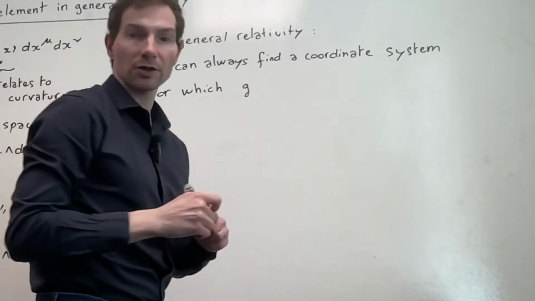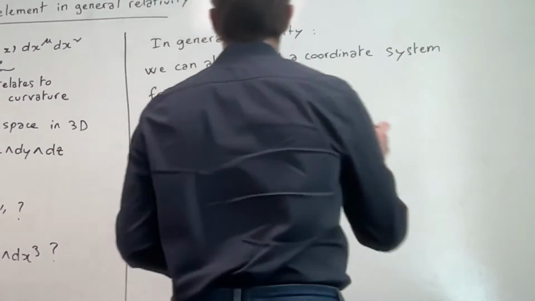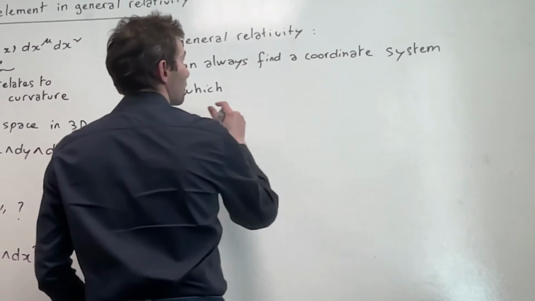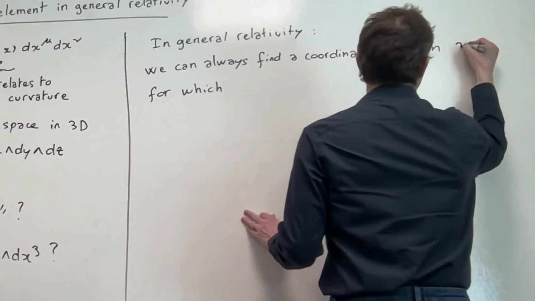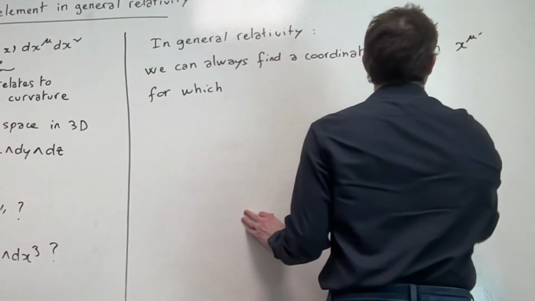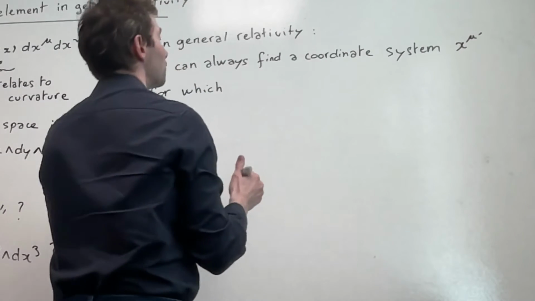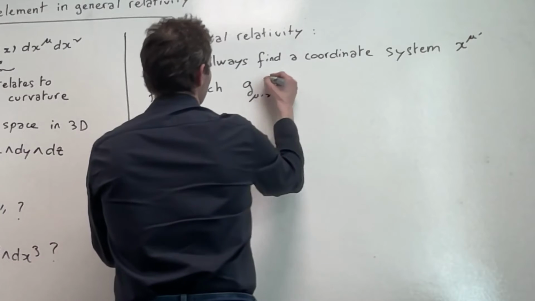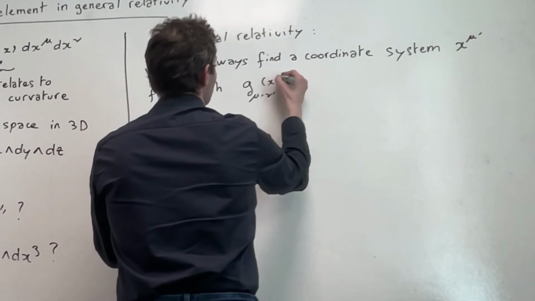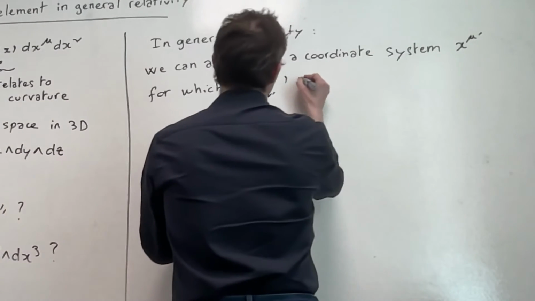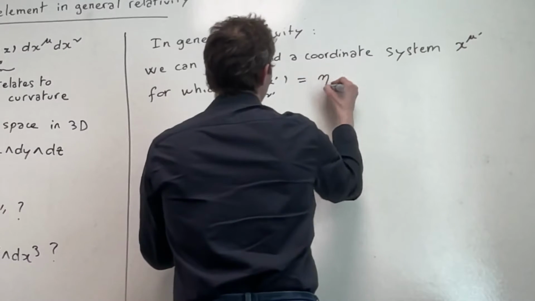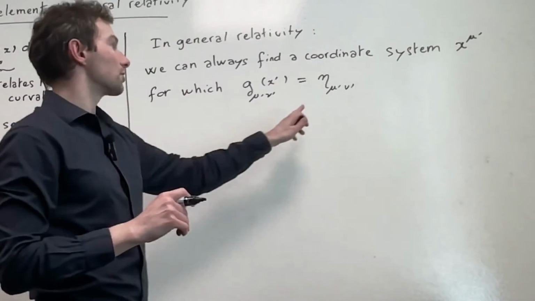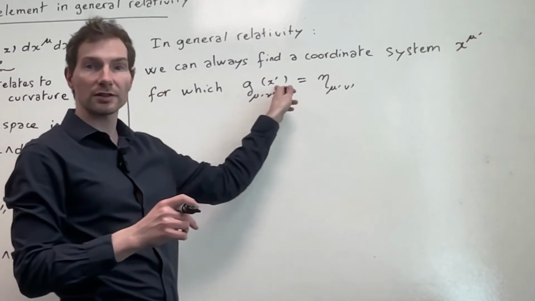So let's denote this coordinate system with primes. So x mu prime, for example, for which g mu prime nu prime in x prime is actually equal to eta mu prime nu prime in this neighborhood.